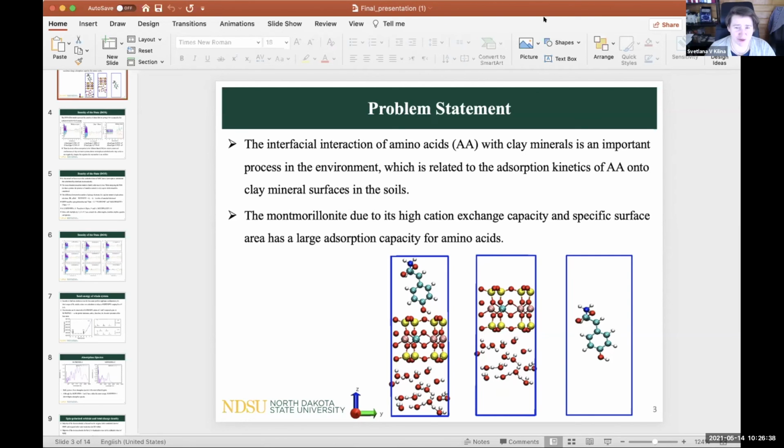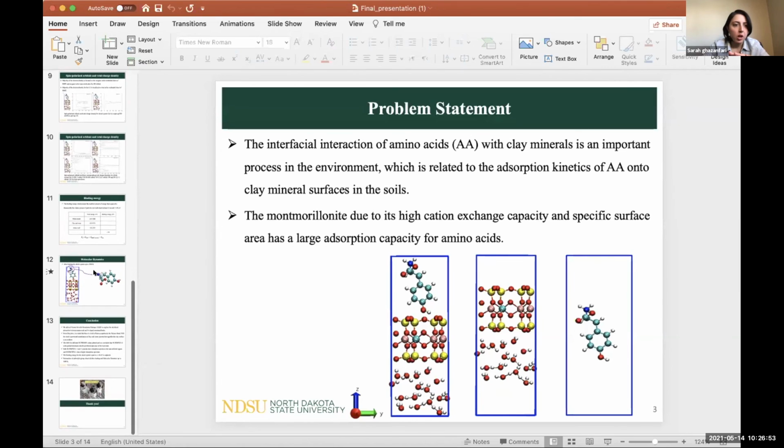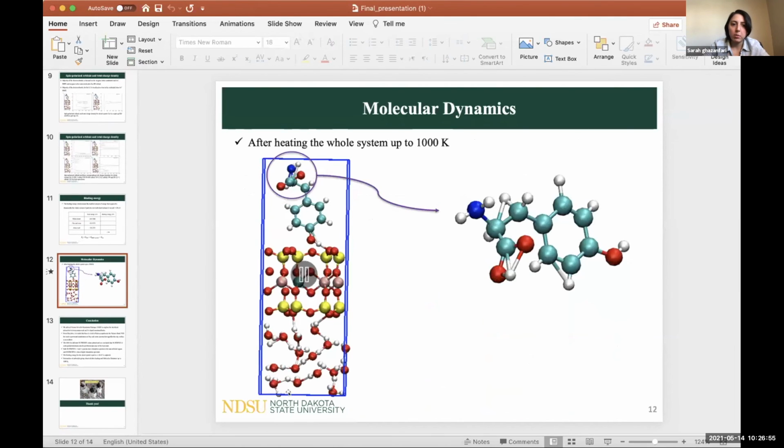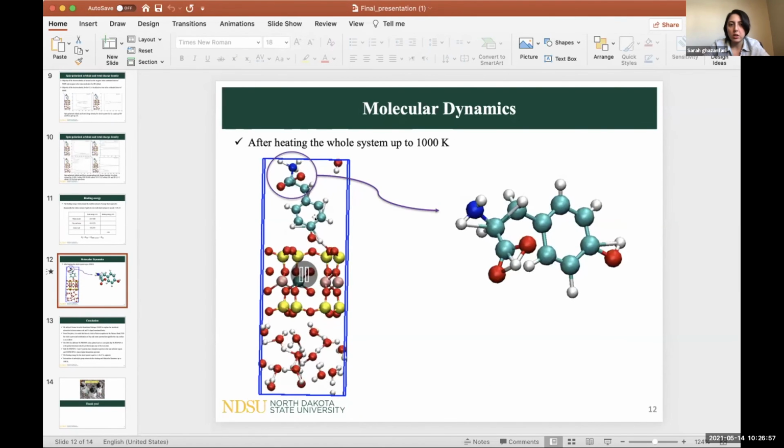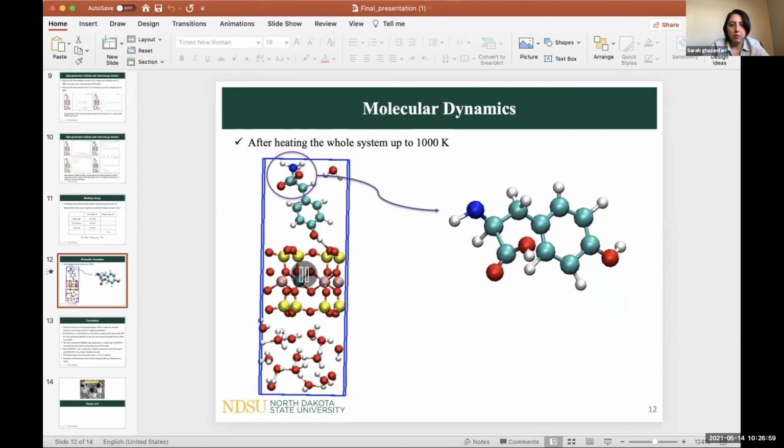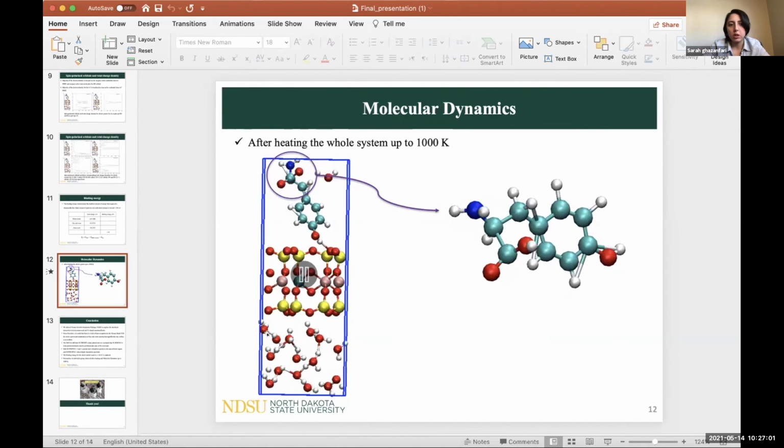But then, why is your water not really interacting with your molecule? Why is it not really surrounding the molecule? This is just a snapshot after geometry optimization. But for the molecular dynamics, you can see that there is some interaction between the amino acid and water molecules, and also the clay surface.